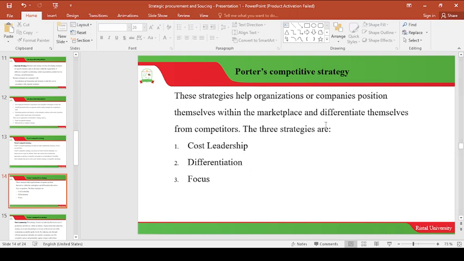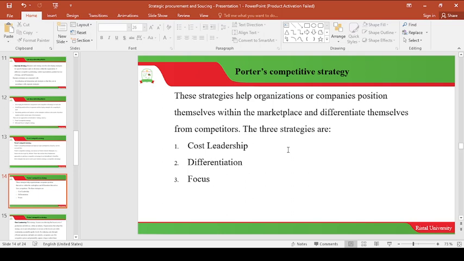So the first strategy is cost leadership. Cost leadership, we shall look at it in detail. With cost leadership, he assumes that companies will try to make sure that they are the lowest cost producer in the market, such that they offer a cheap or low price in the market.